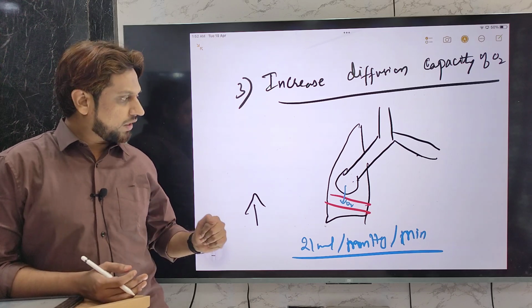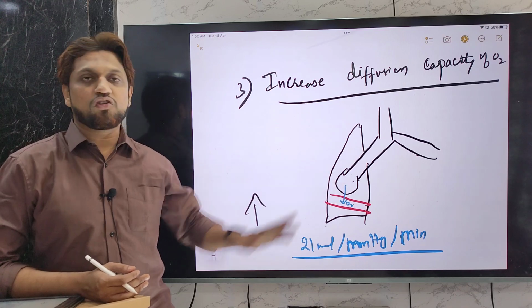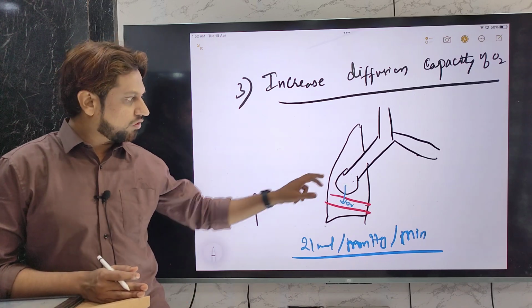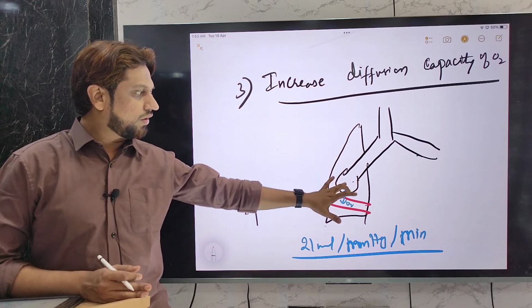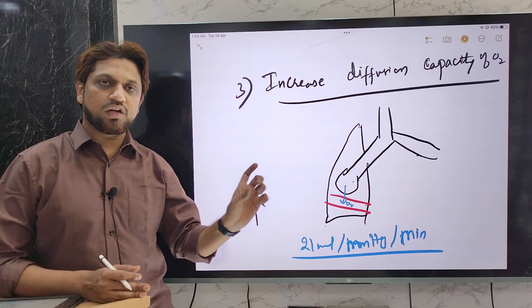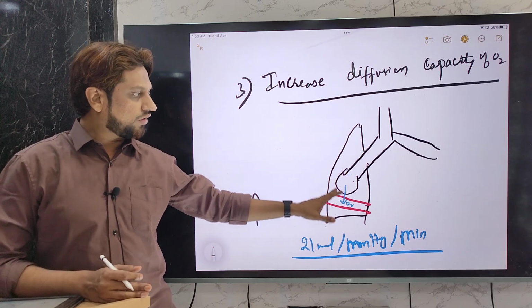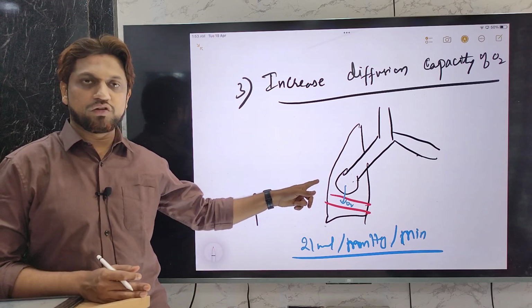There are two important mechanisms. Due to hyperventilation, more air gets accumulated in the alveoli, and because of this the alveoli get expanded, increasing the surface area of the alveoli. That is one reason for the greater diffusion.